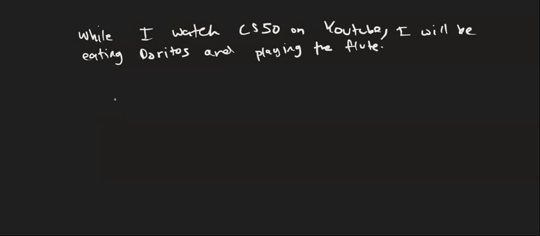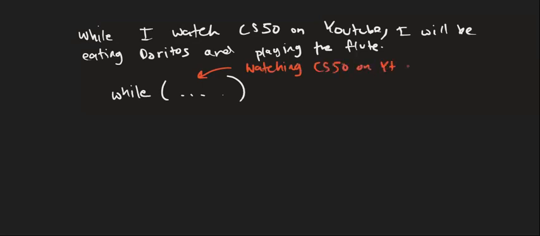This is not the way you write it in code, but the way it's represented in code is: while, and then you'd have a condition, while watching CS50 on YouTube is true, and then inside of your brackets you would have all the things.